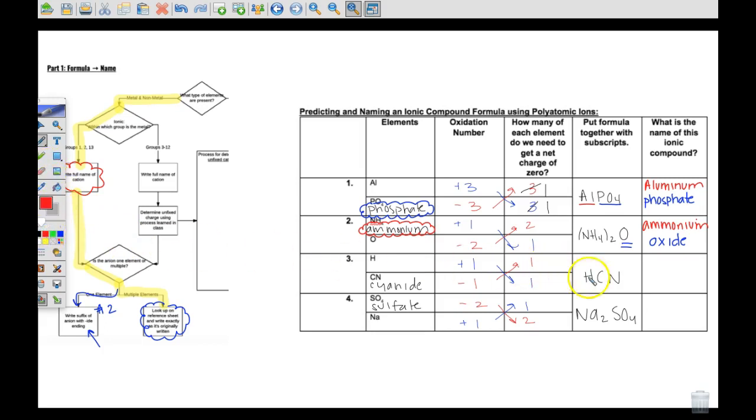For my third example, my first element, which is not ammonium, so I can just name the first element with its normal name, is hydrogen. And then because the remainder of my formula is multiple letters, I'm going to go down this pathway and I have to look up CN on the reference sheet, which was cyanide.